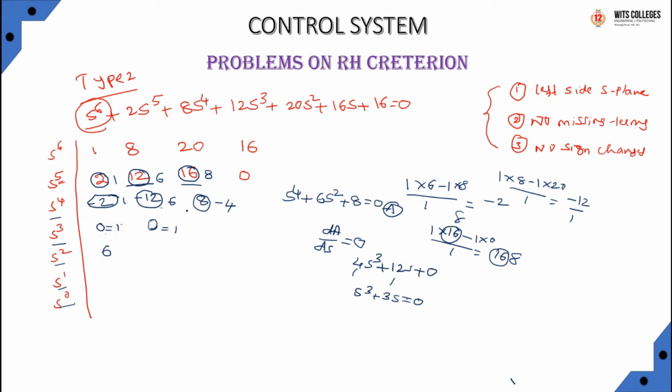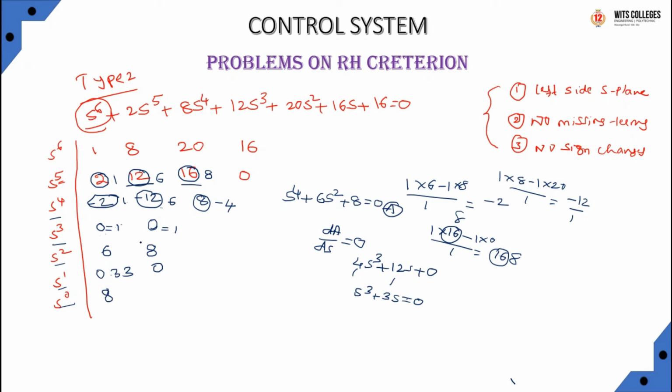Again 1 into 8 minus 1 into 0, which is 8, and again zeros. Next, 6 into 1 minus 1 into 8, divided by 6, we get 0.33 approximately. Again this value is zero. Here 0.33 into 8 minus 6 into 0, which is 8.